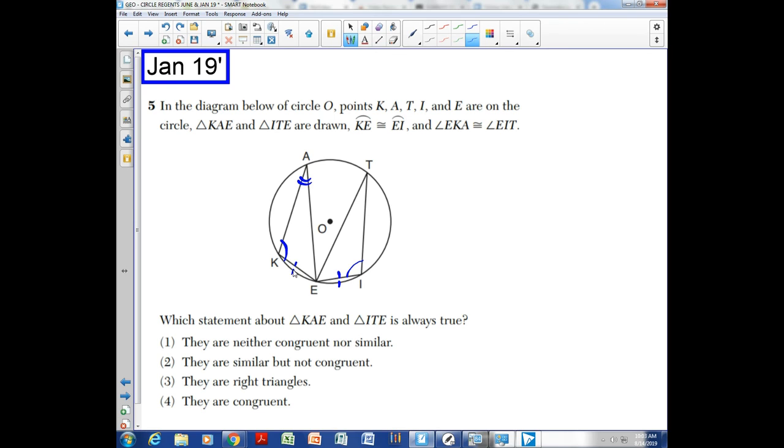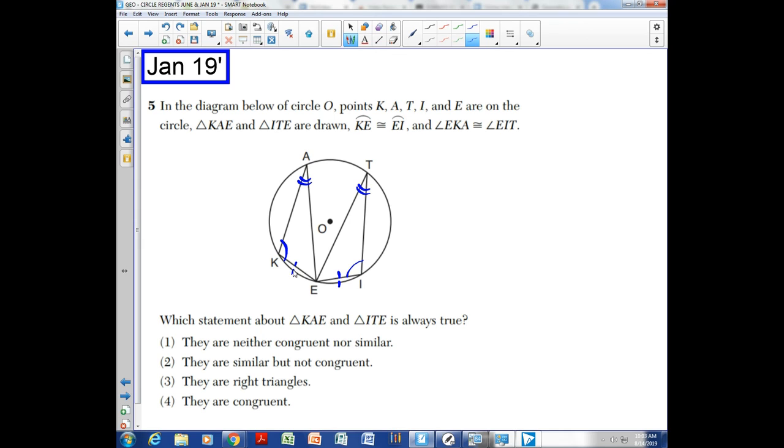And in the other triangle, we have angle ETI, which is also an inscribed angle. The vertex is on the circle, and the intercepted arc is EI. Well, we already know that arc KE and arc EI are congruent. So whatever they are, those angles are 1/2 of that measure. So those angles also must be congruent.